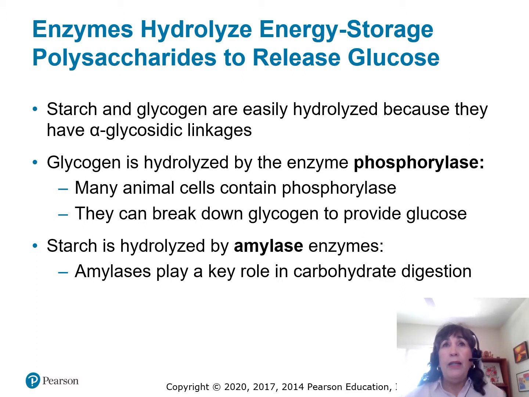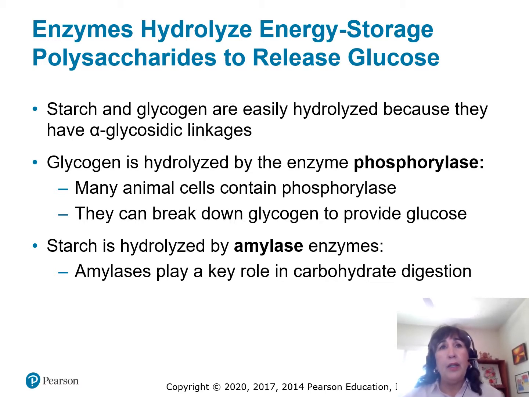Enzymes hydrolyze energy storage, and this is how it's made available to us. Starch and glycogen are easily hydrolyzed because they have alpha glycosidic linkages, and that makes sense. We eat starches and sugars because we want that energy.